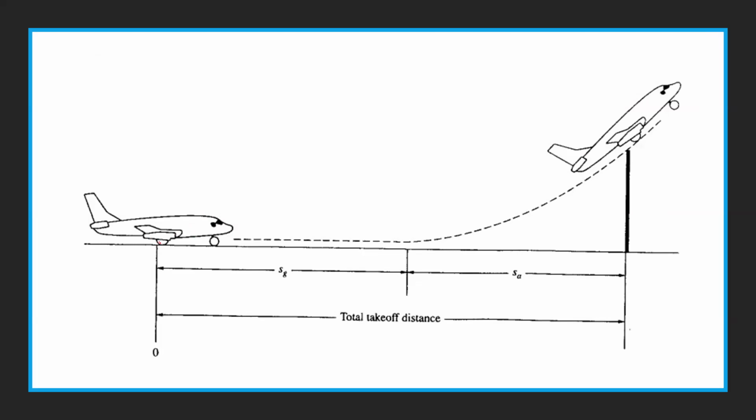So you start the ground roll here. At a certain point, you lift off from the ground. You call it SG, ground roll. After that you have SA, subscript A, airborne. You're in the air, so this is the airborne distance.